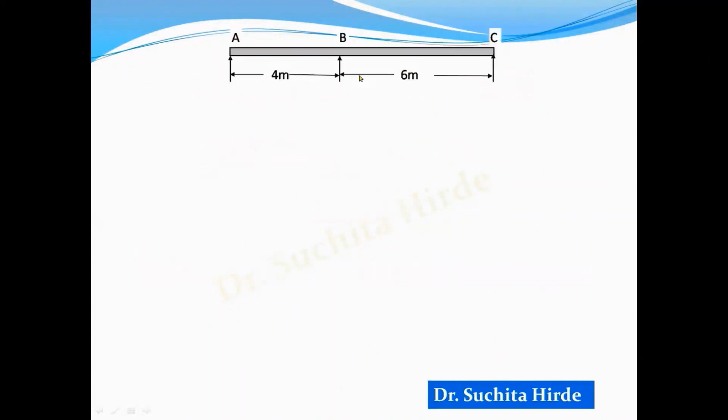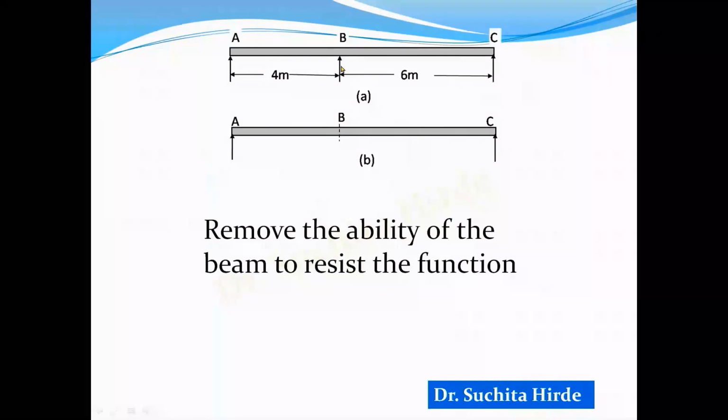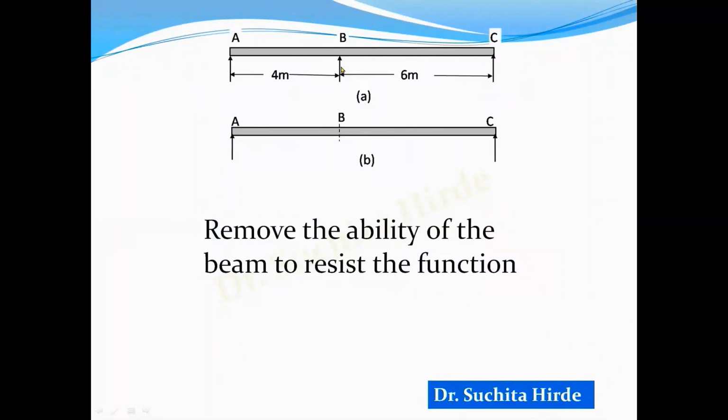So here I want to draw the influence line diagram for the reaction at B. First of all, we have to remove the ability of the beam to resist the function. What is the meaning of removing the ability of the beam to resist the function? RB is the function for which we are drawing the influence line diagram.